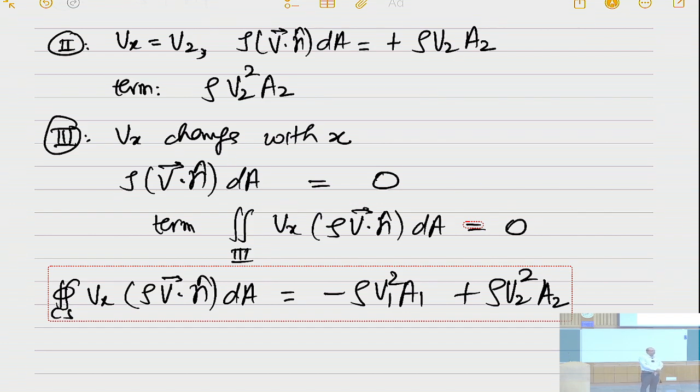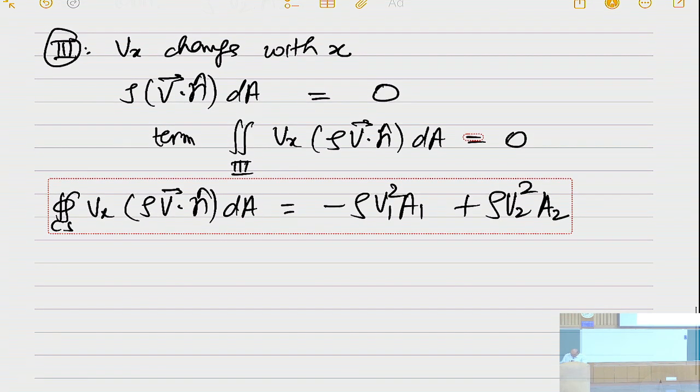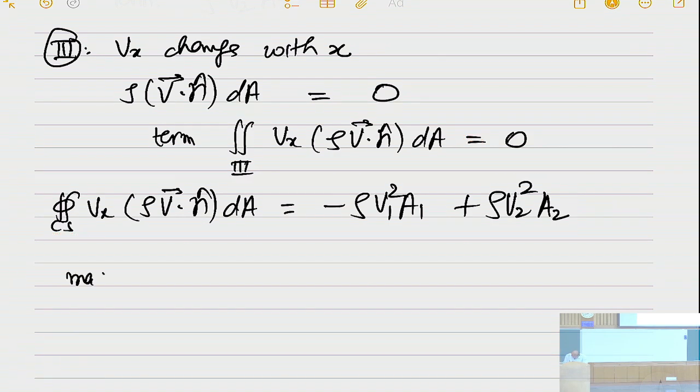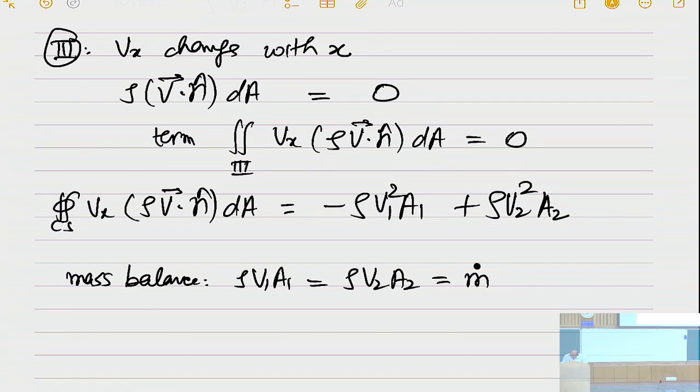How do you find that one in terms of the other? By using mass balance. So mass balance on the other side will give you rho V1 A1, let us say we can write it as m dot. So then this term becomes equal to m dot common.